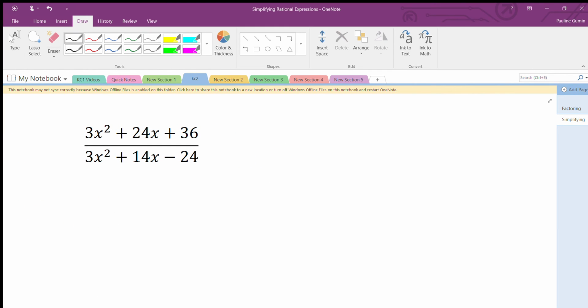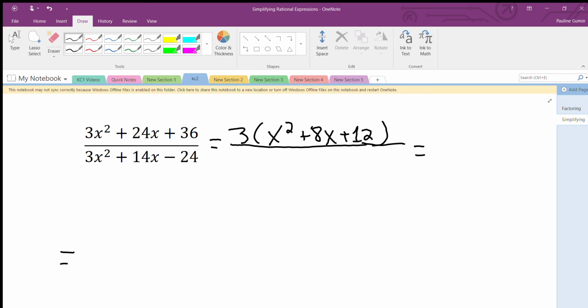Now we've got to fully factor this. The first thing that I notice is that I can actually factor out a greatest common factor on top. And now that I've done that, let's move this to the bottom.